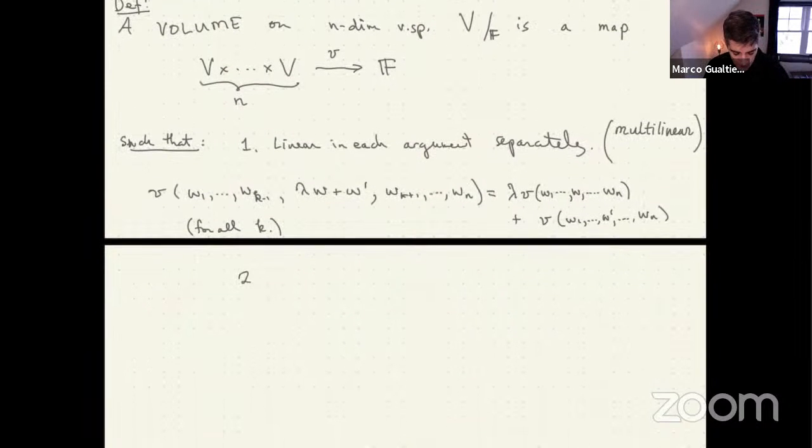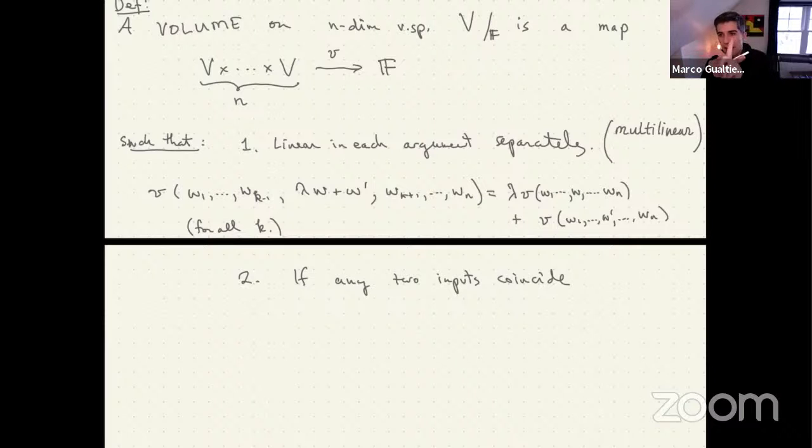And the second property is that if any two inputs coincide, okay, so if you have two sides of the parallelepiped or parallelogram, and if the sides coincide, that means that this entire n-dimensional thing is actually flat.